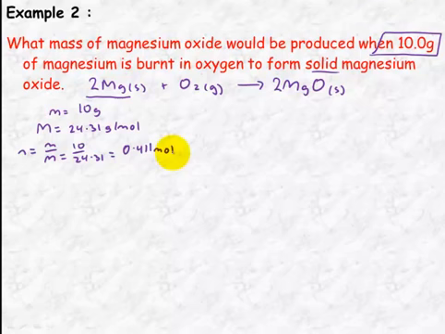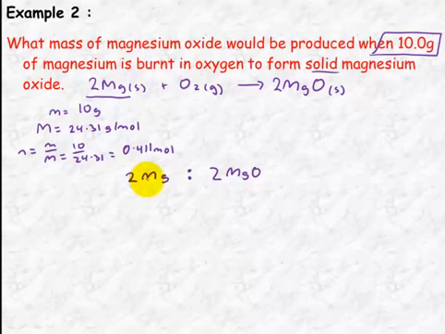Now it's time to look at the mole ratio of magnesium to magnesium oxide. It's a 2 to 2 ratio, or a 1 to 1 ratio if you work that out. So 1 mole of magnesium will make 1 mole of magnesium oxide. 2 moles of magnesium will make 2 moles of magnesium oxide.